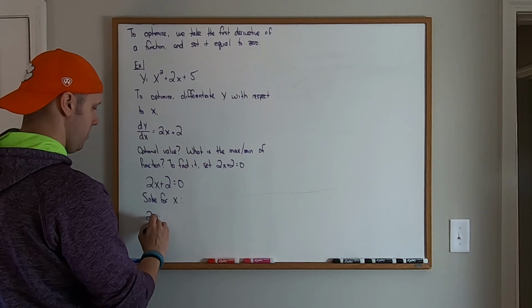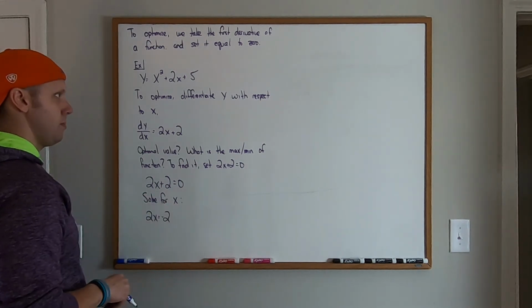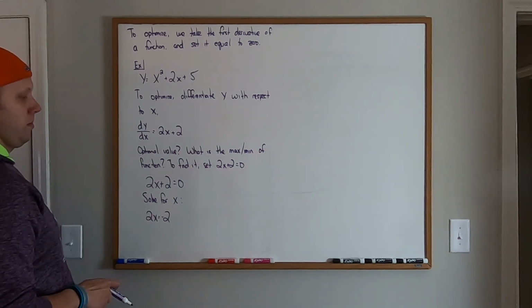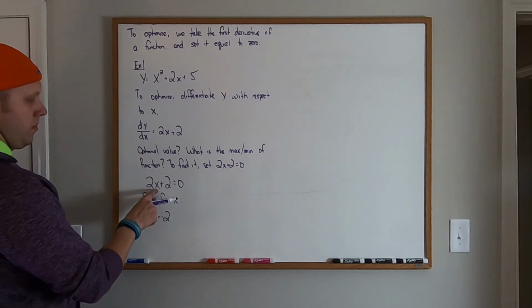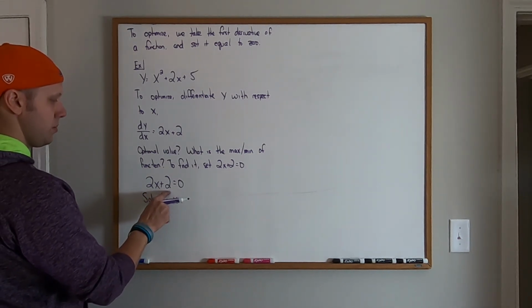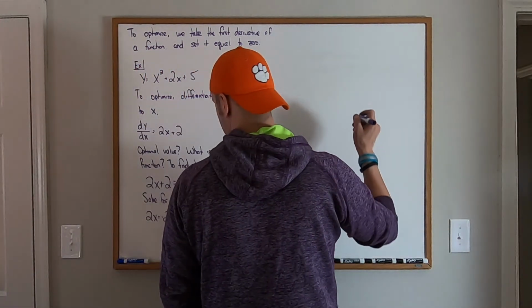To solve for x, I'll subtract 2 from both sides, because I want to isolate this x. 2x plus 2 equals 0, subtract 2, I get 2x equals negative 2. And I divide by 2.